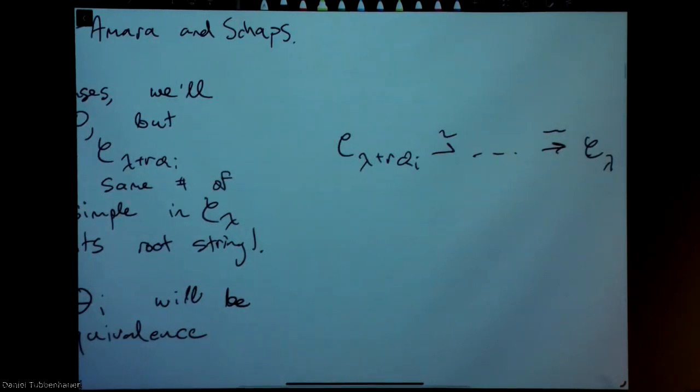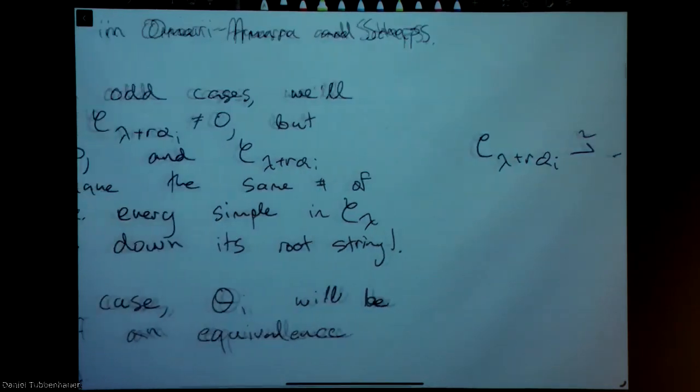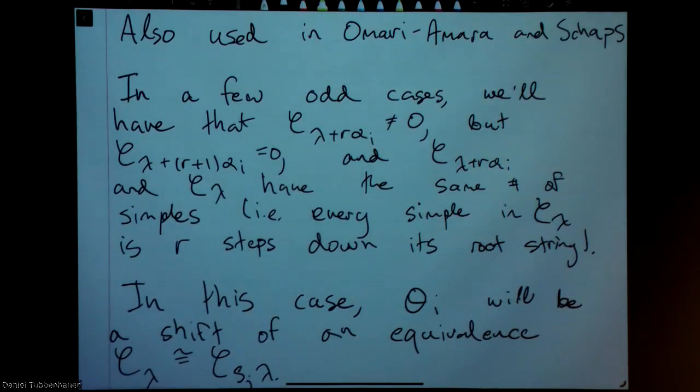So this happens when all the root strings through your weight space are the same length, but you're not at the end of them. So this just happens occasionally. And this again follows from Chuang and Rouquier, but you have to be a bunch of the same minimal categorification put together, and you know what you shift by in the minimal categorification.